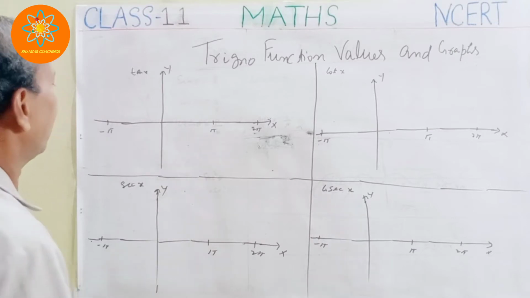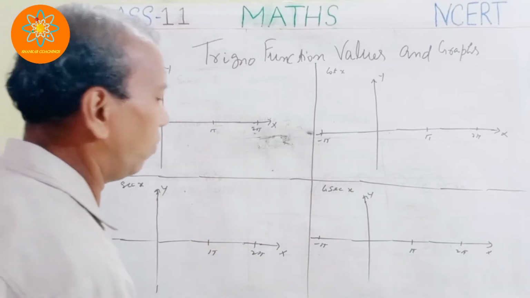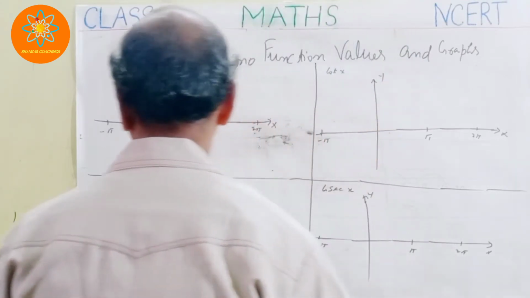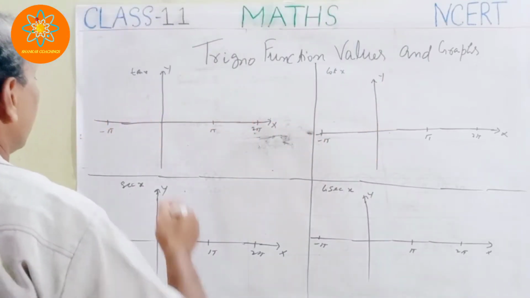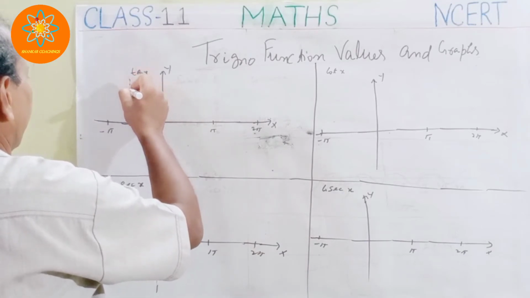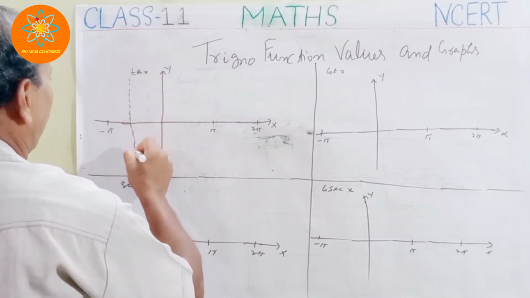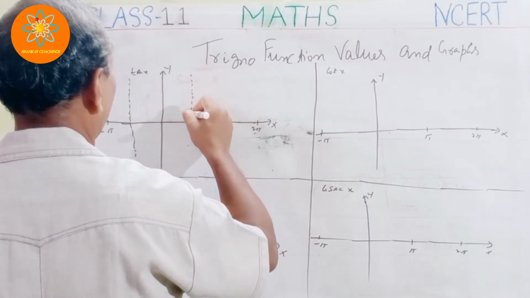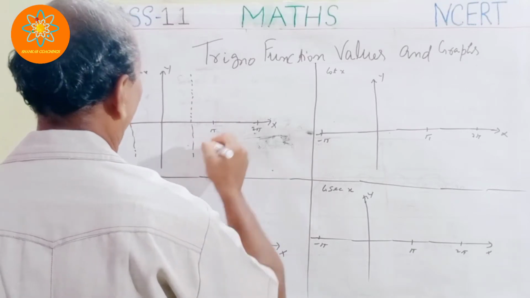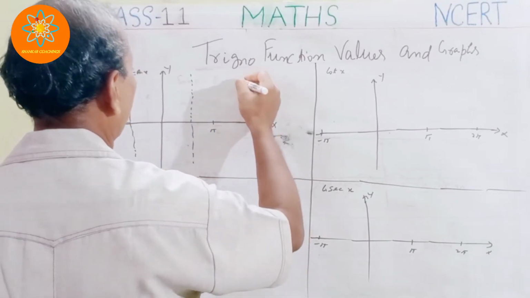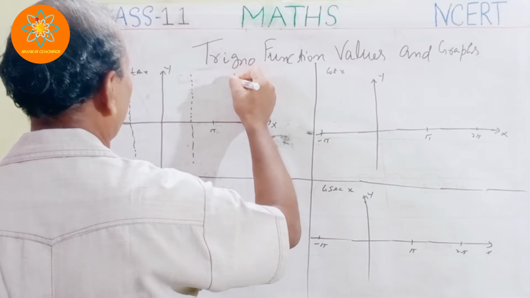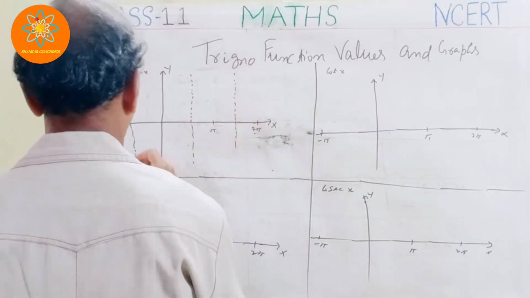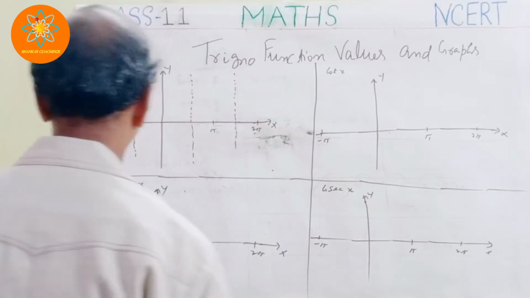If the cos x is not equal to 0, that means in the case of the tan x, at minus pi by 2 this will not be defined. For pi by 2 also, it will be not defined. And for 3 pi by 2, here also it will be not defined. Because cos x is not equal to 0.